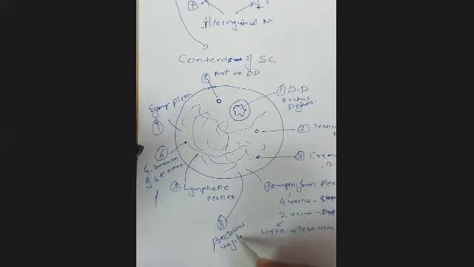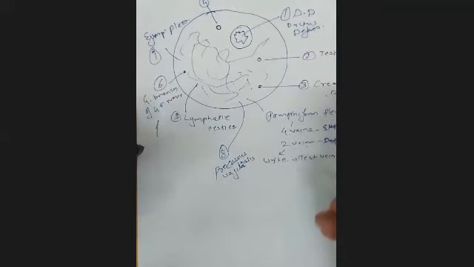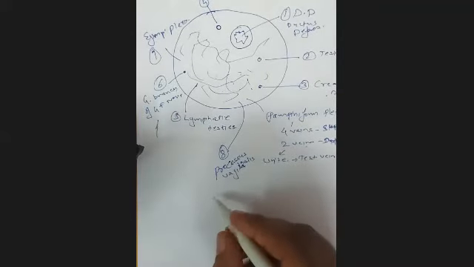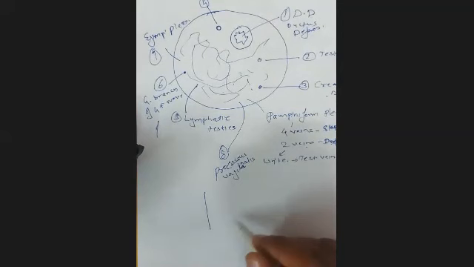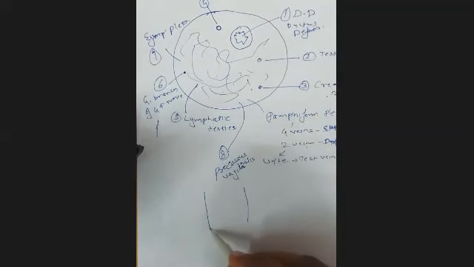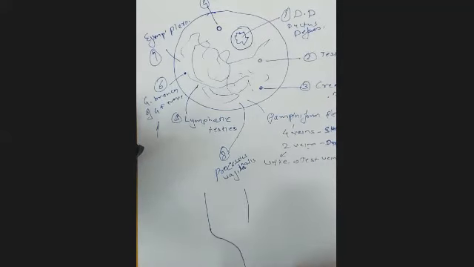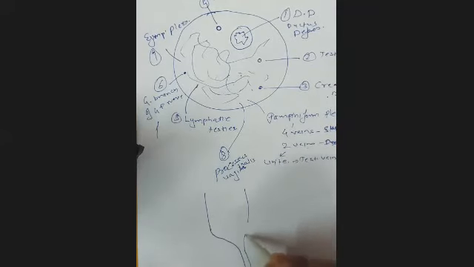Now, what is this processus vaginalis? I'll explain it to you. This is the developing peritoneal cavity, and this peritoneal cavity goes down into the scrotum.